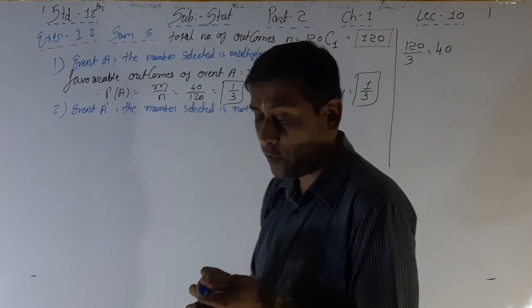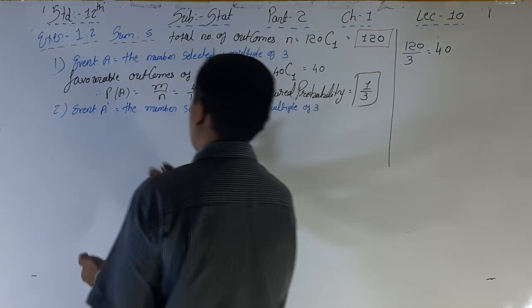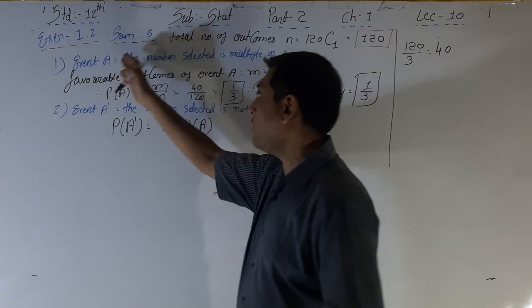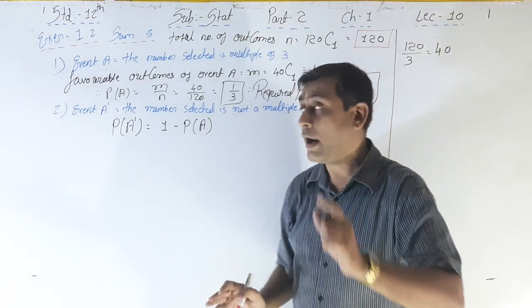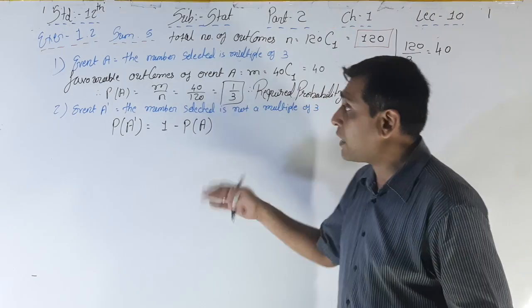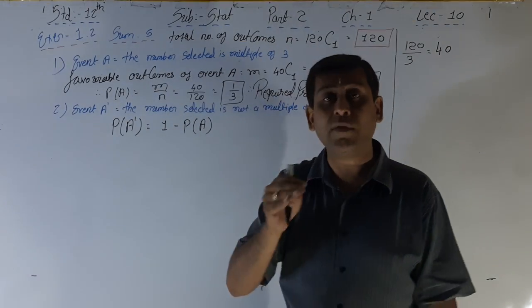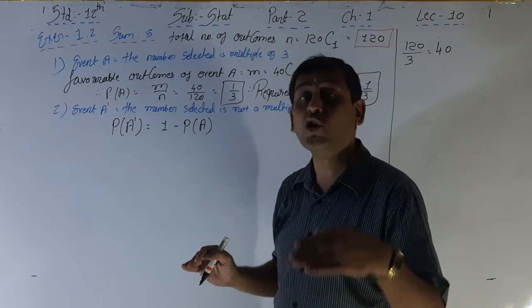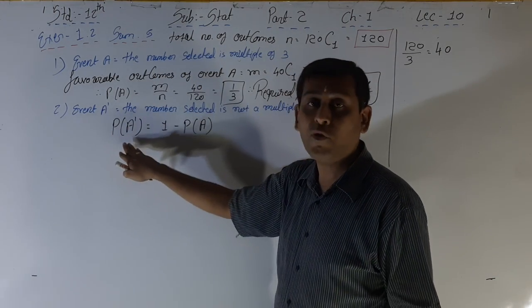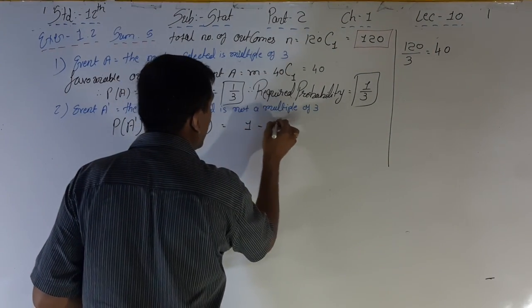So what is the final answer? Here we don't have to find the favorable outcomes of event A dash, because the formula for P of A dash is equal to 1 minus P of A. If the first event is event A, then the second event is not event B, it is A dash, the complementary event of event A. That's why we use this formula: P of A dash is equal to 1 minus P of A, which is 1 minus 1 by 3.